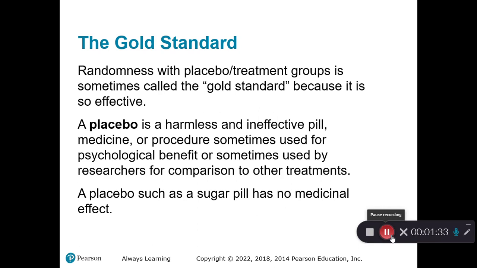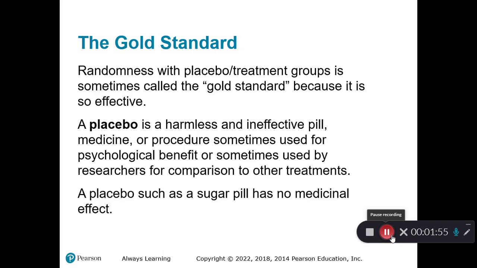You've probably heard of the term placebo. When studies are set up that involve a treatment, we want to adjust for the possible psychological effect of getting better because you think that you've been given something that is supposed to make you better.